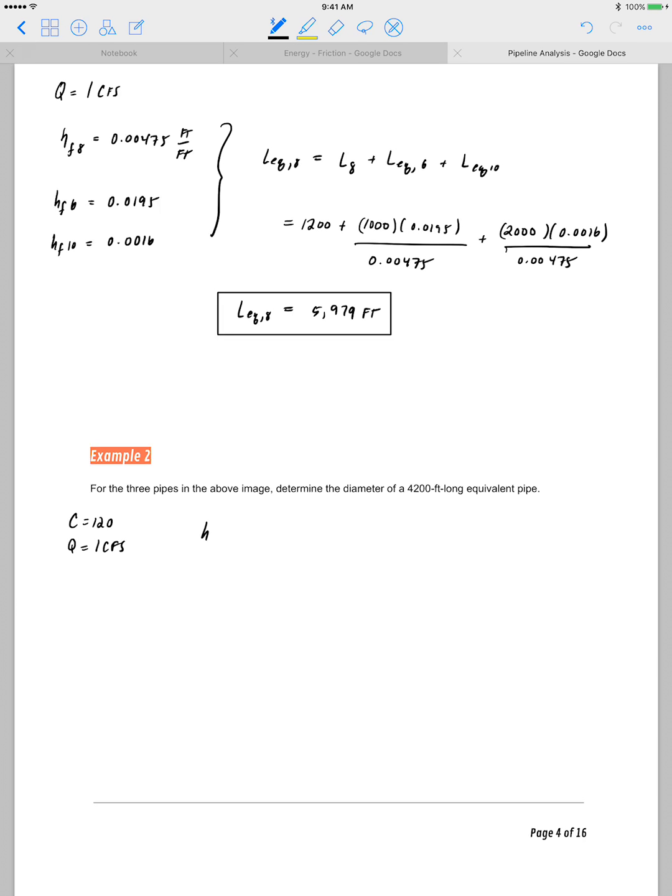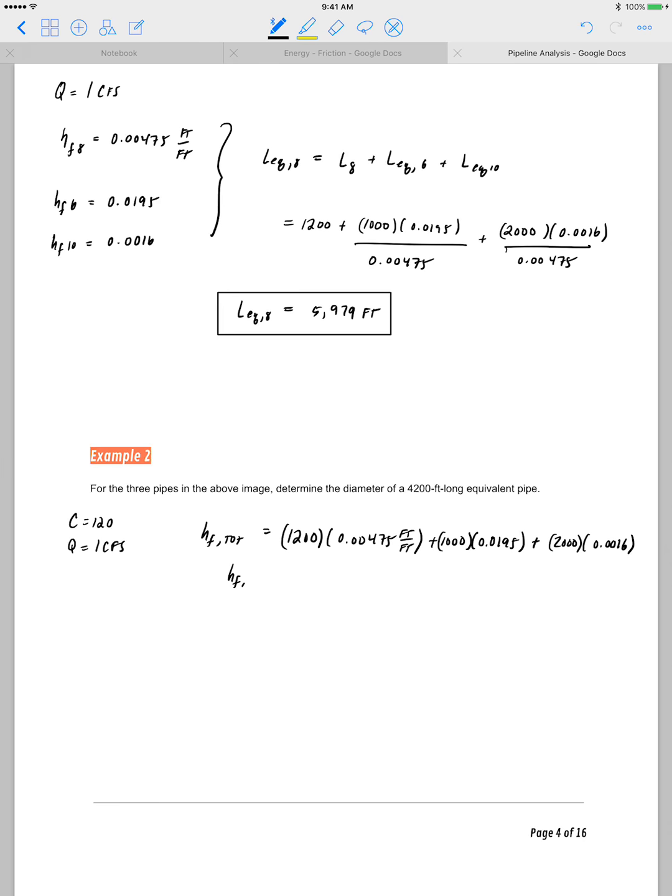Okay, so the total friction loss of the system is going to be equal to each run's total length times its unit loss value, right? So we can go 1,000 times 0.00475 plus 1,200 times 0.0195 plus 2,000 times 0.0016.